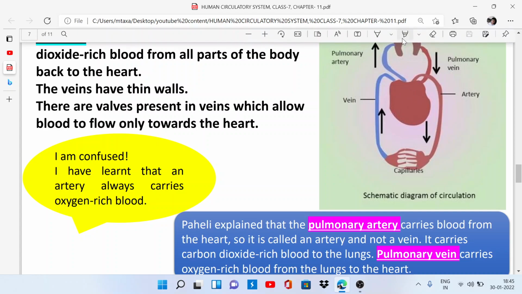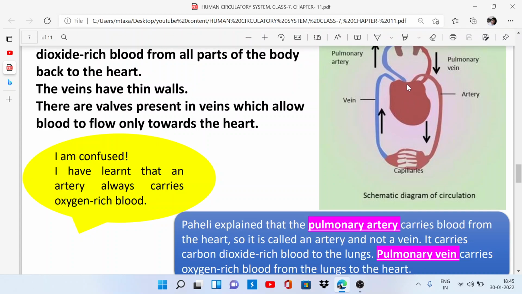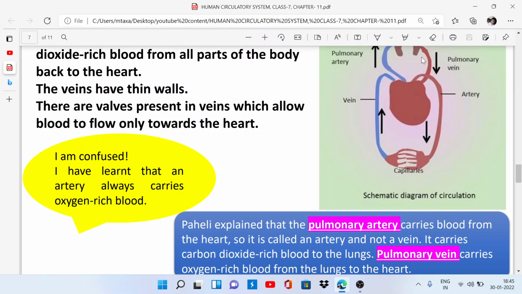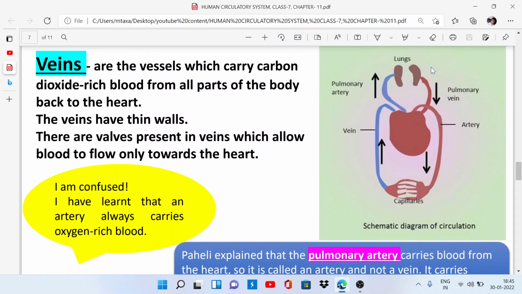When blood is going to the lungs from the heart, this pulmonary artery carries carbon dioxide rich blood. And the pulmonary veins carry oxygen rich blood because they bring blood from the lungs to the heart. We know in the lungs during inhalation, there is a fresh supply of oxygen. That's why this vein brings oxygen rich blood.